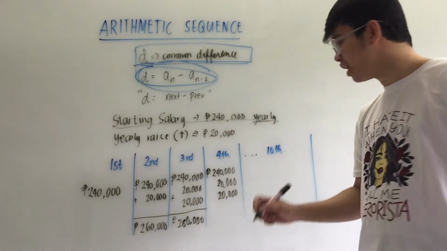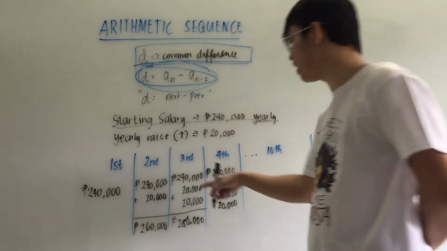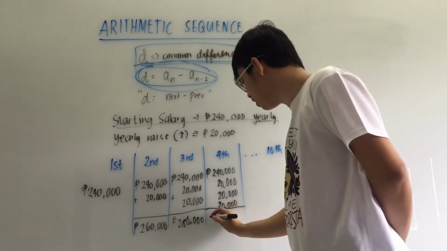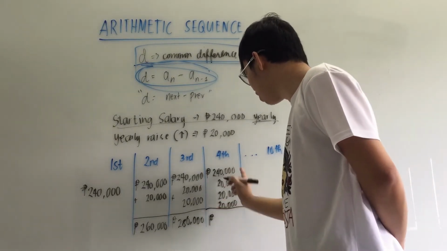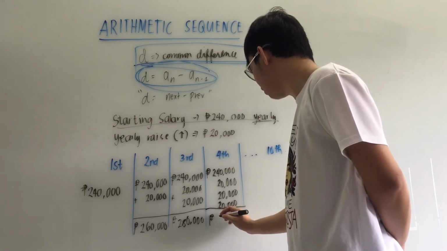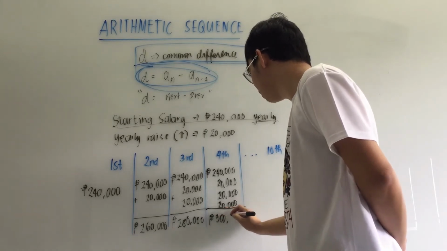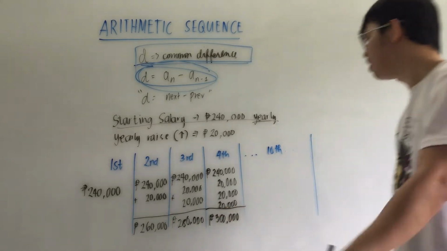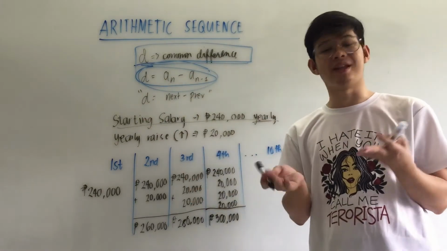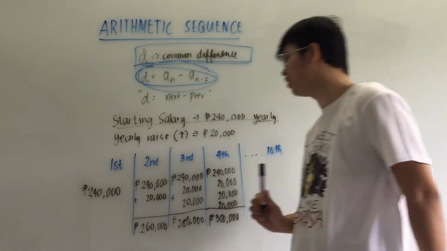And then an additional 20,000 pesos because that will be the incentive for staying for another year. Therefore, this will give him now 300,000 pesos. Now, we have here somehow a sequence: 240,000, 260, 280, 300,000.